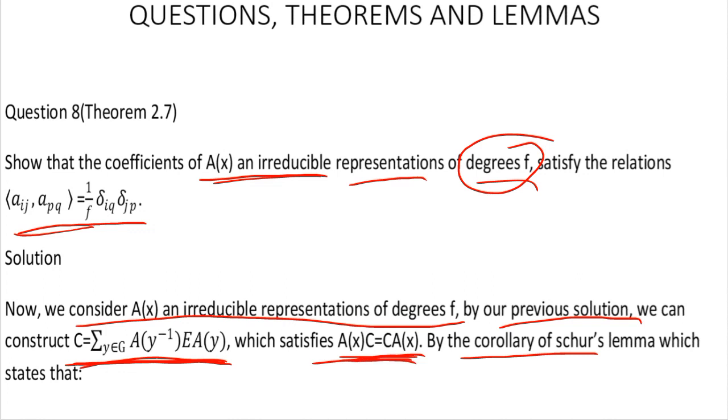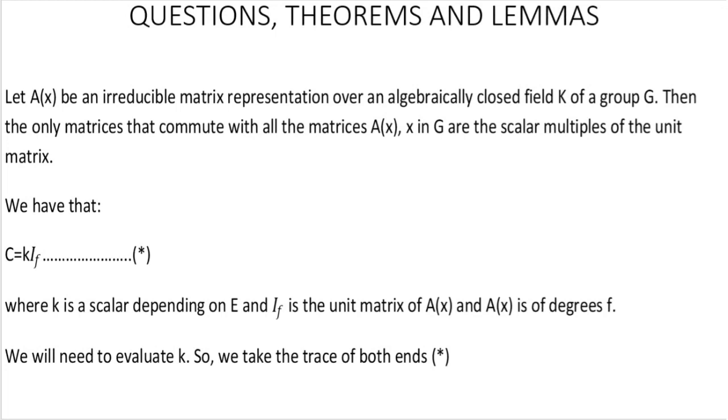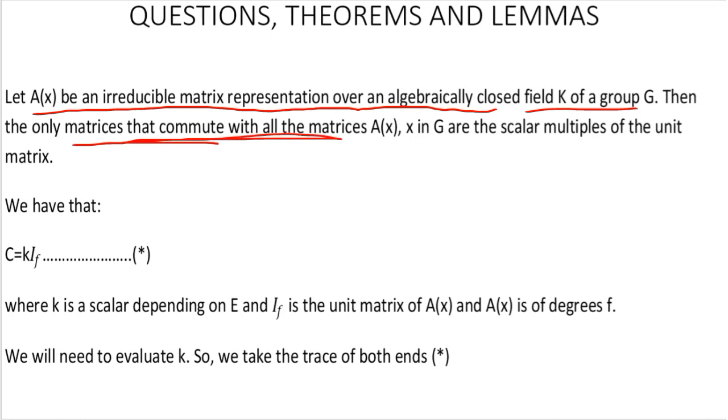You now state the corollary of Schur's lemma, which states that if A(x) is an irreducible matrix representation over an algebraically closed field K of group G, then the only matrices that commute with all matrices A(x) are the scalar multiples of the unit matrix. Once you get the matrix, it must be a scalar multiple of the unit matrix.